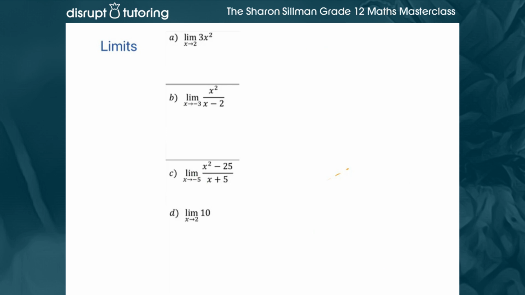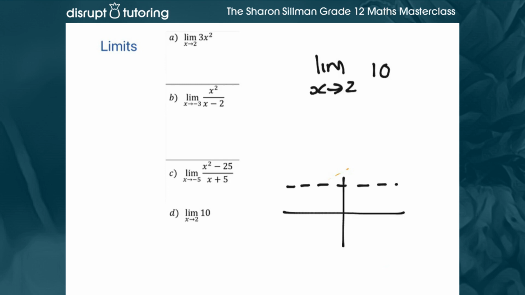Okay, let's look at the last one. I'm just going to write it up here as well. The limit as x tends to 2 of the function 10. So here this may look a little odd to you, because now you're going to wonder, well, where am I going to put the 2, because there isn't an x. But consider what the function 10 looks like. The line y equals 10 is going through where y is 10.